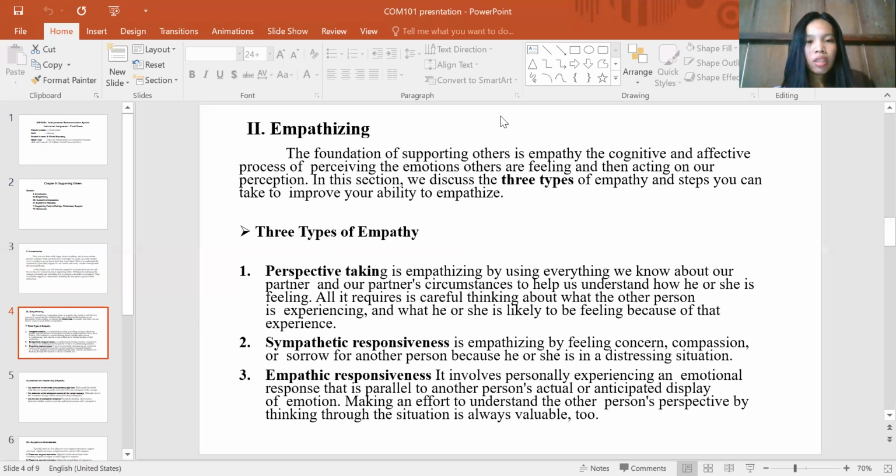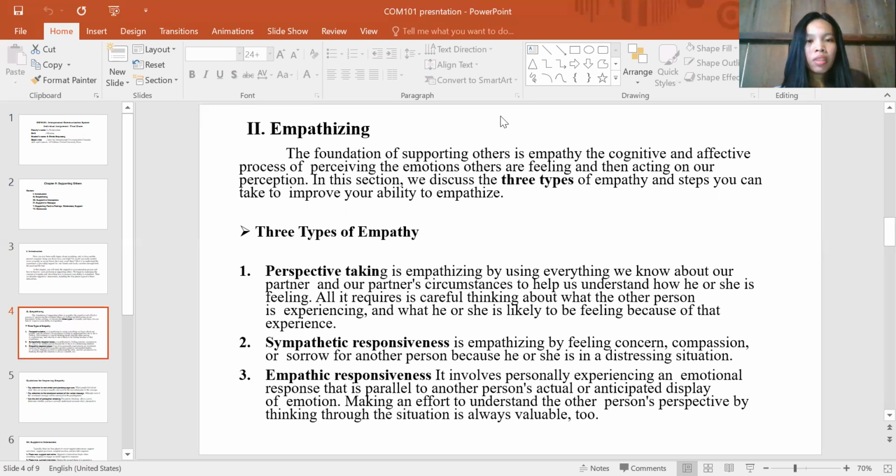empathizing. The foundation of supporting another is empathizing, the cognitive and affective process of perceiving the emotion another is feeling and then acting on our perception.